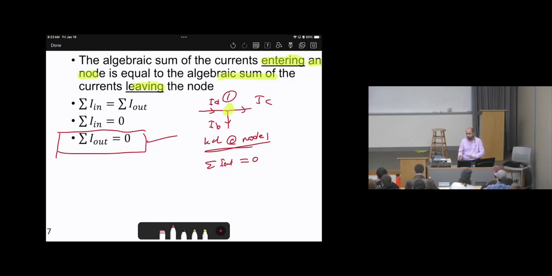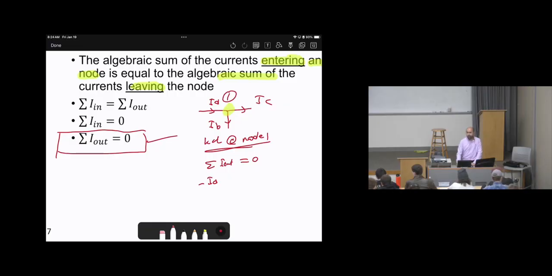It is the opposite of my definition, right? I find a current entering, so I will do the opposite. What does the opposite mean in vectors? Negative sign, right? Since IA is entering, not leaving, while my law says leaving, I will put negative IA.